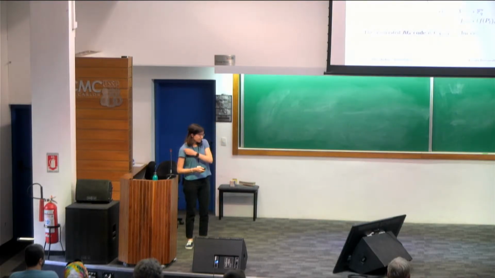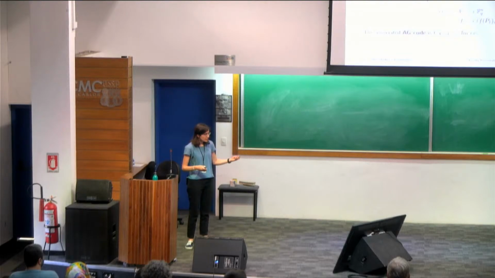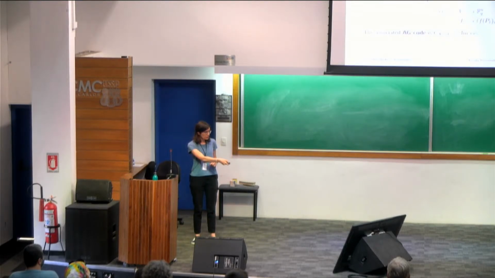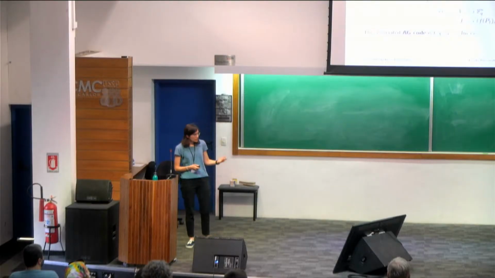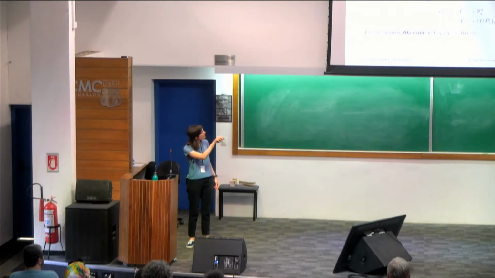Here are the notations that I'm going to use. We fix a quasi-projective variety over F_q. Then we pick a set S of n distinct rational points of our variety, P_1 to P_n. And then we also pick a finite-dimensional F_q vector space, which is a subspace of the F_q-rational function field of our variety.